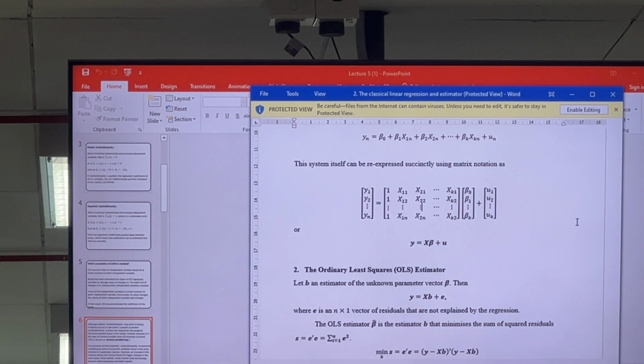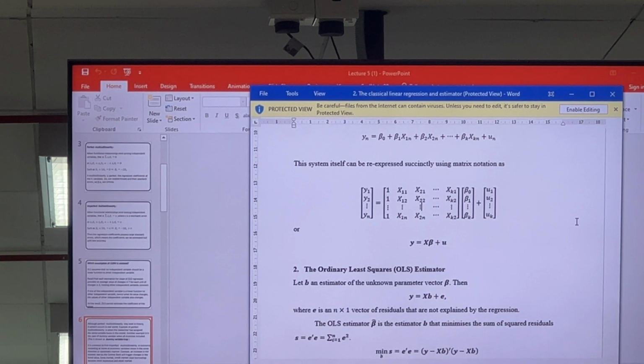So the normal practice is that if you have three categories, you just include two. Let's say you have the highest education level: primary, secondary, tertiary. So you just put two, primary and secondary.